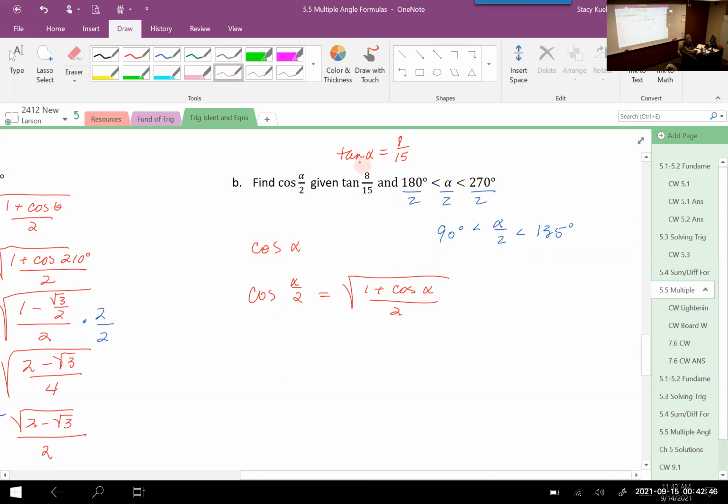Well, if I know what the tangent of alpha is, I can work backwards, can't I? I can use the same things that we've done before. So tangent's defined as y equal to 8, x would have to be equal to 15, and this is a special triangle. What would it be? What would r be?